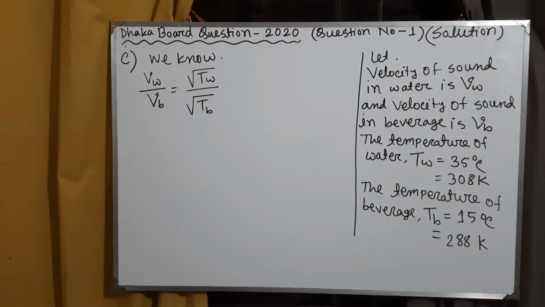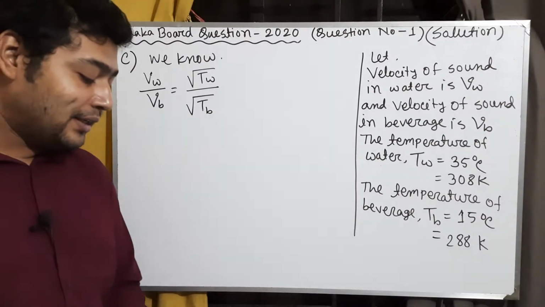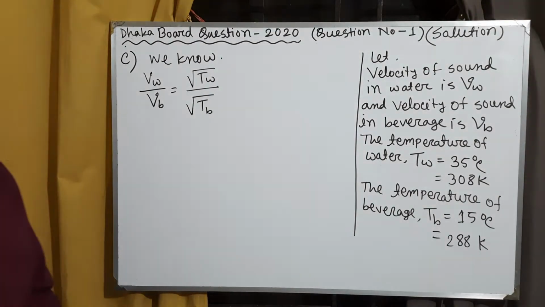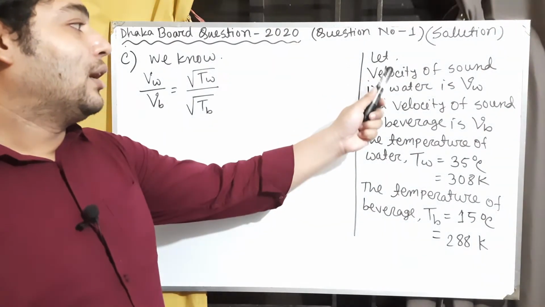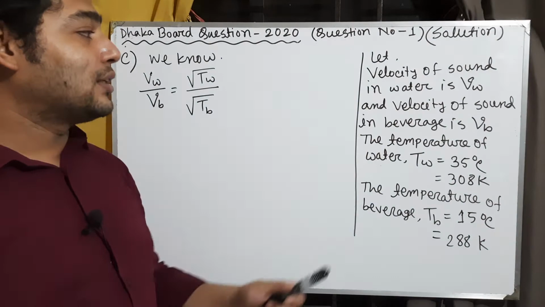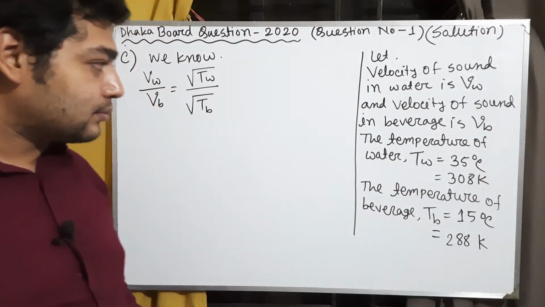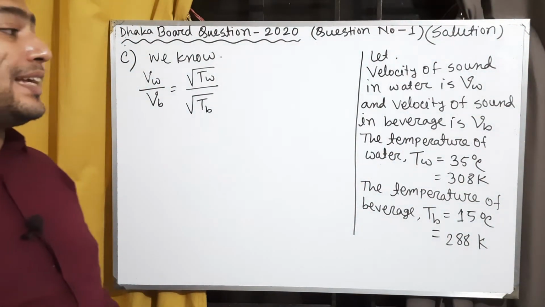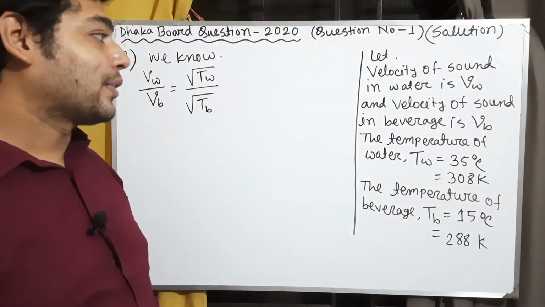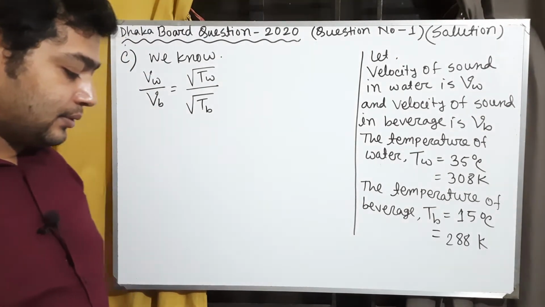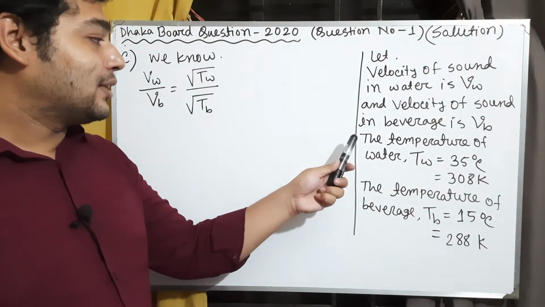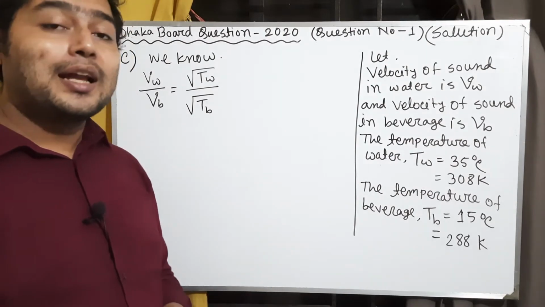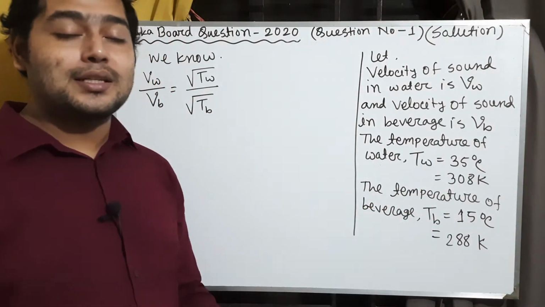Our question number C is: determine the ratio of the velocity of water and beverage. Let the velocity of sound in water be VW and the velocity of sound in beverage be VB. Here it is given that the temperature of water is 35 degrees Celsius, and converting to Kelvin we get 308 Kelvin.